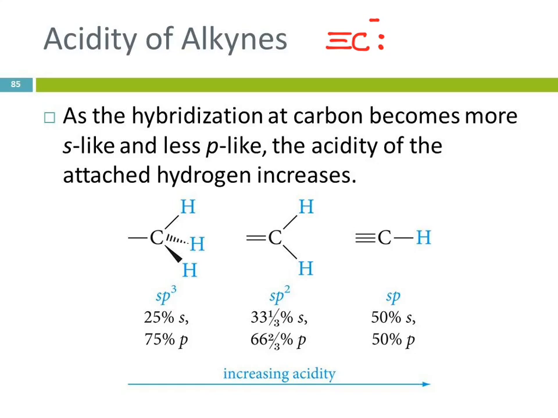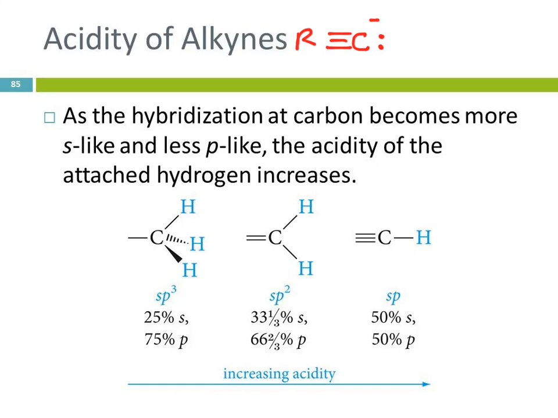So after it loses the hydrogen ion, it becomes an ion. And so this carbon now, we've talked about carbocations and how carbons don't like to have positive charges. Carbons don't like to have negative charges either.